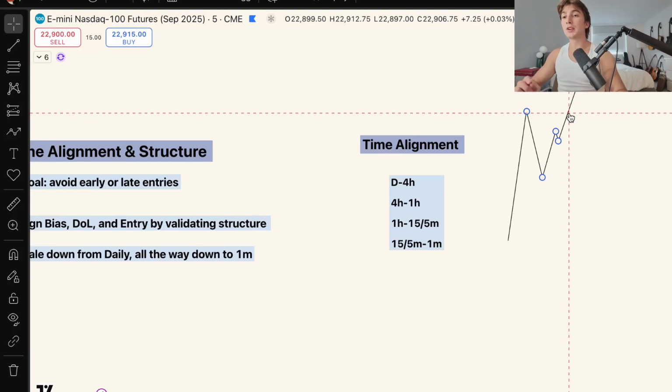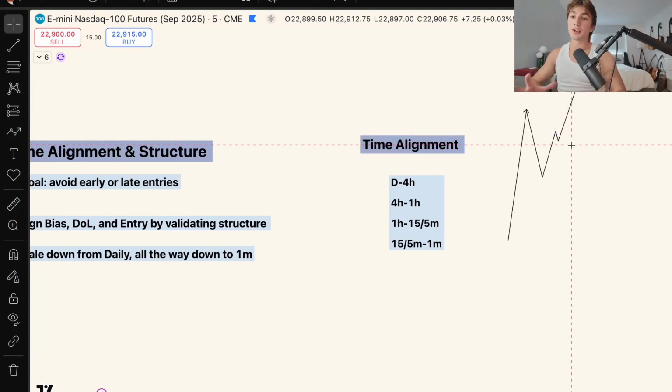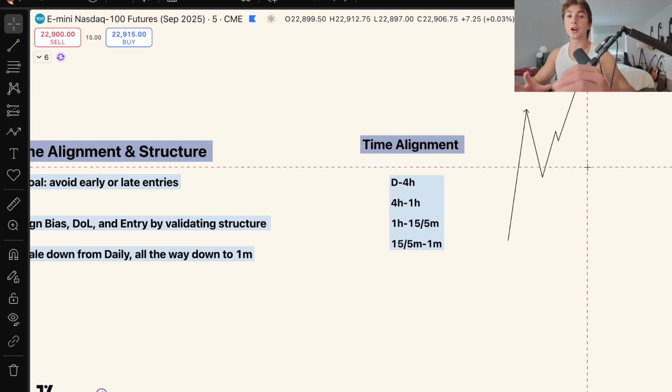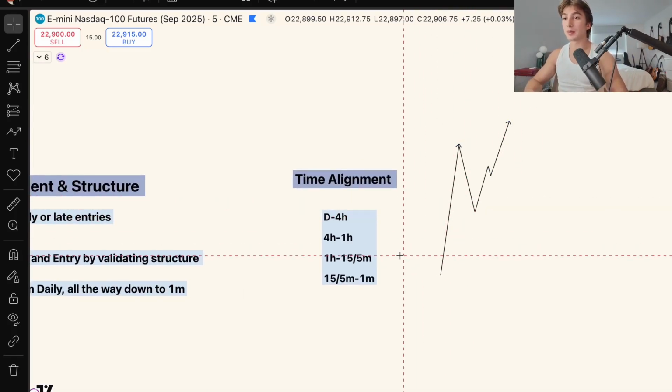But what I'm trying to say here is that you don't just want to take daily confirmation and run with it. You need confirmation by scaling down a time frame. Everything is fractal, right? So you need to use the other time frames to help form and validate your biases, your drawn liquidities, and everything. And so the same thing applies, right?